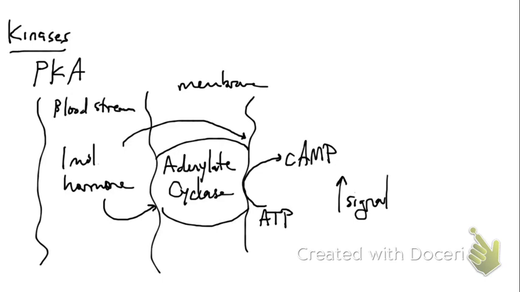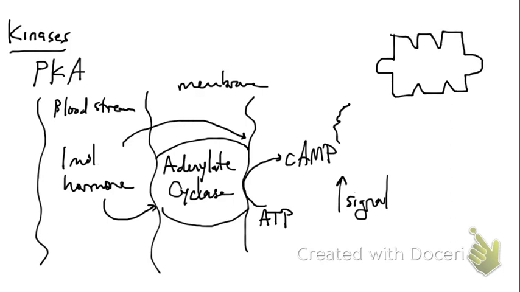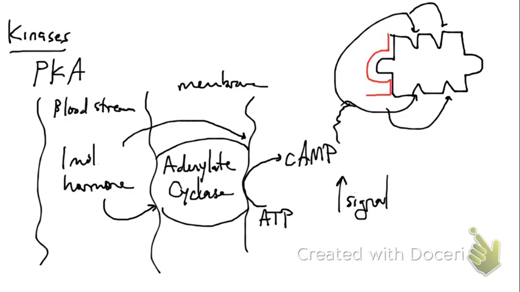What cyclic AMP then will do is it will come and meet up with this little puzzle piece. And this puzzle piece has 4 binding spots where cyclic AMP can go. And all 4 spots have to be filled with cyclic AMP for it to release our PKA. Right?